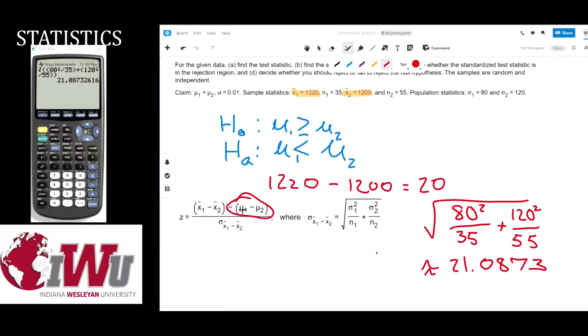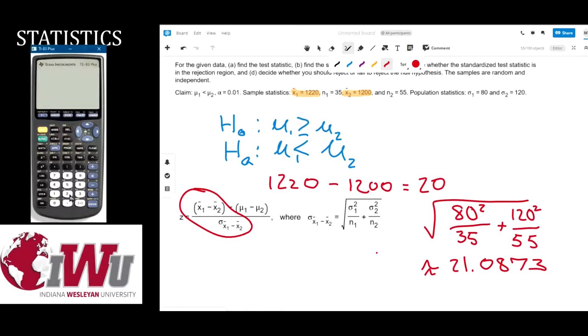So our test statistic is really just looking at this part here, which is 20, divided by this 21.0873. That's all we're going to end up doing here.